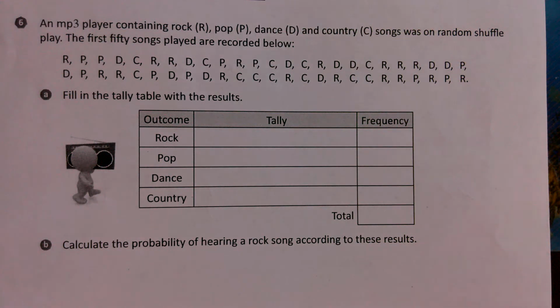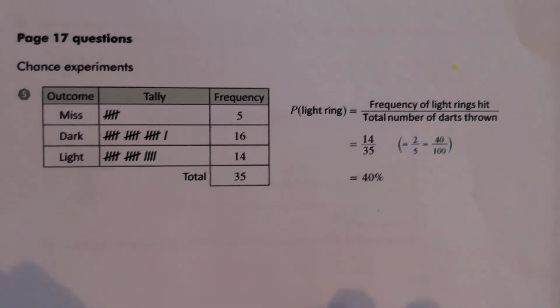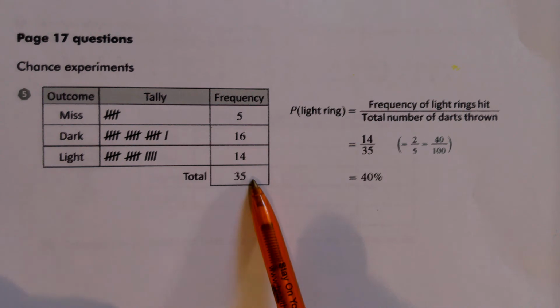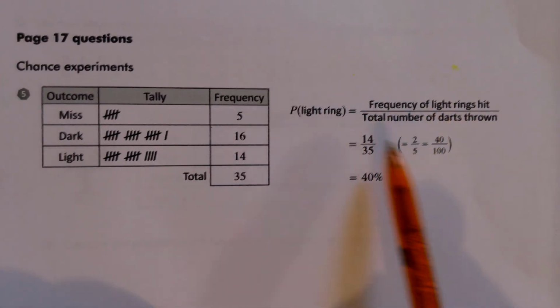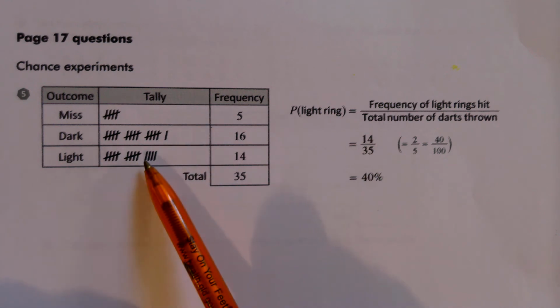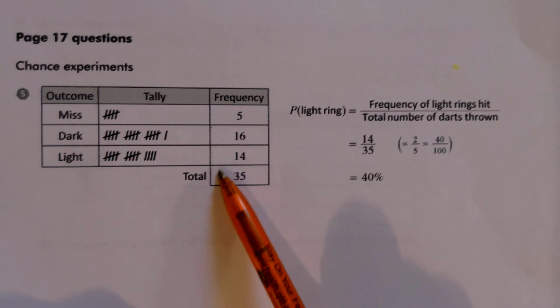How did you go? So you get your 35, you wrote out your formula, light rings. There were 14 of them that you counted, over 35, which was the total.